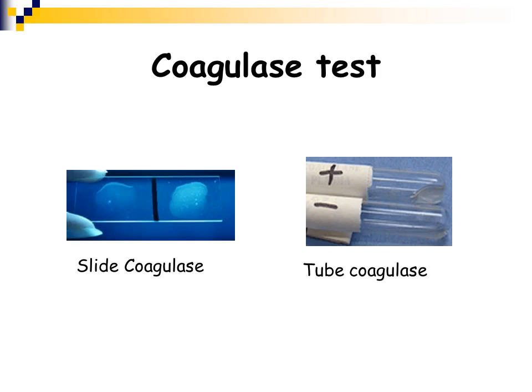So on the left, you can see the slide test. On the right, you can see the tube test. On the slide test, you are mixing your organism with your reagent, and you're looking for a clumping or agglutination reaction. In the tube test, you are going to mix your organism with rabbit plasma, and if the organism produces coagulase, it's going to cause that plasma to clump together, to coagulate.